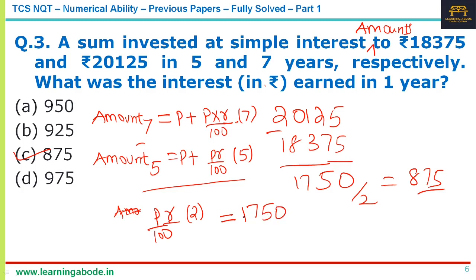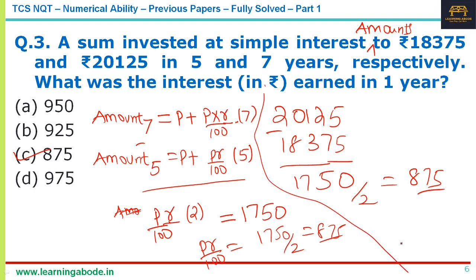Now what is asked is the rate of interest for 1 year, so that is 1750 by 2. But all this is lengthy. It's better to directly take 2125, subtract 18375, and then get the answer. That's best. So answer option C, 875 for question number 3.